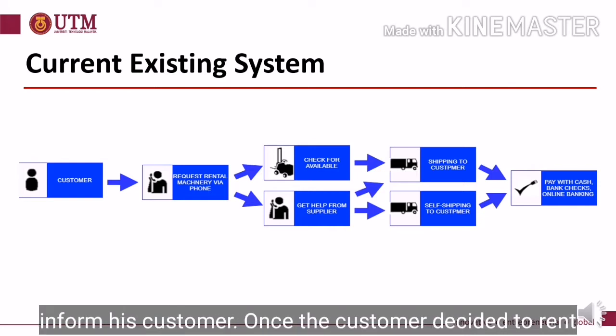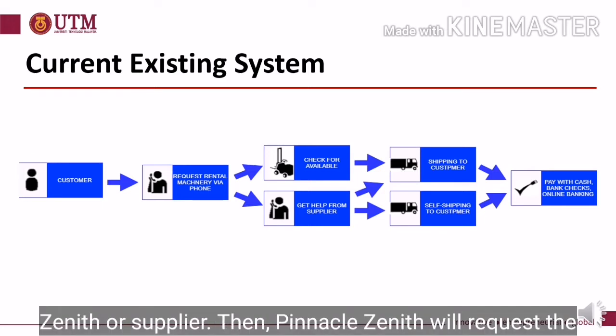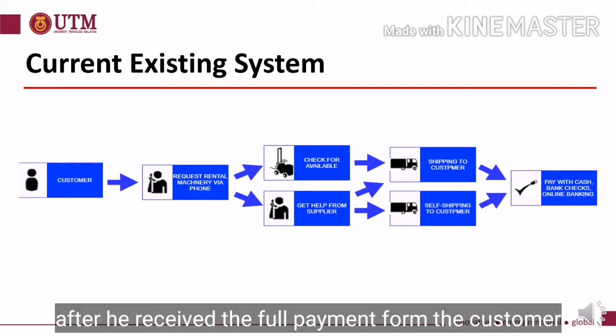Once the customer decides to rent, the task of delivering machines can be done by Pinnacle Genius or the supplier. Then Pinnacle Genius will request the payment from the customer and make the transaction to the supplier after he receives full payment from the customer.